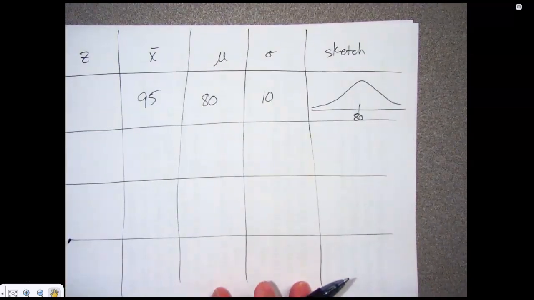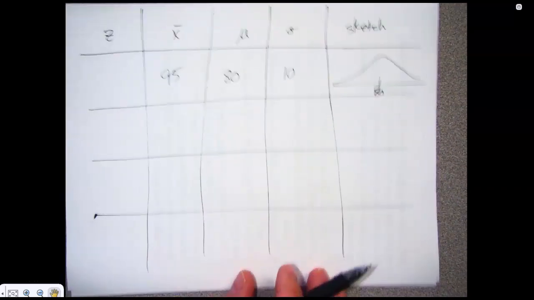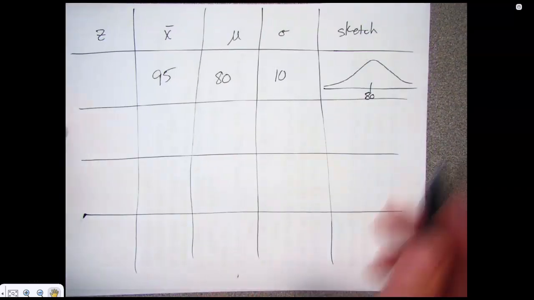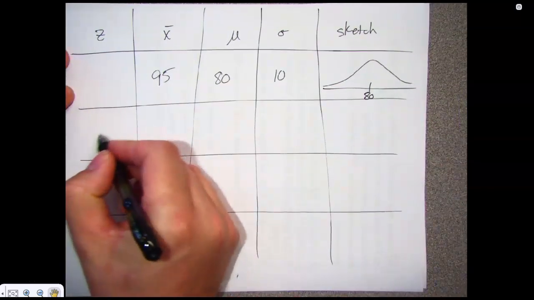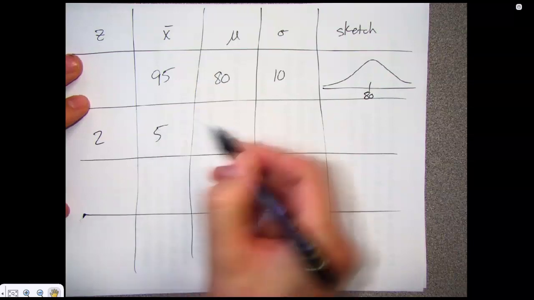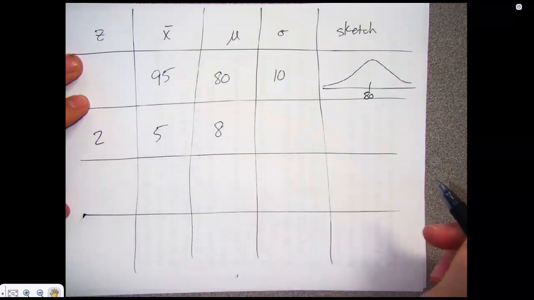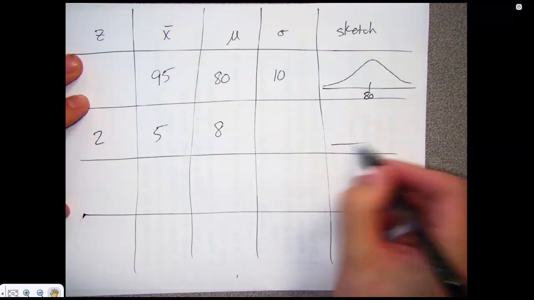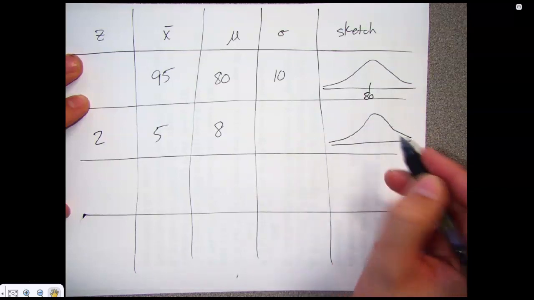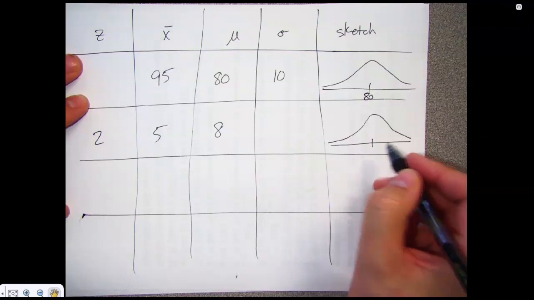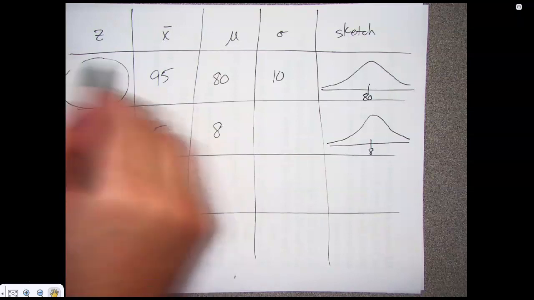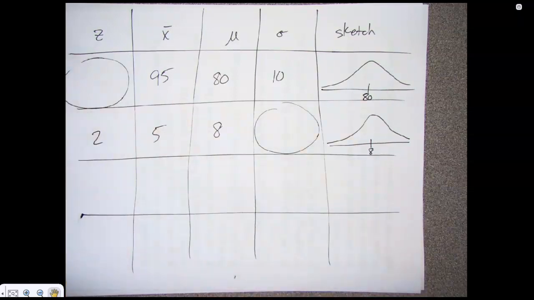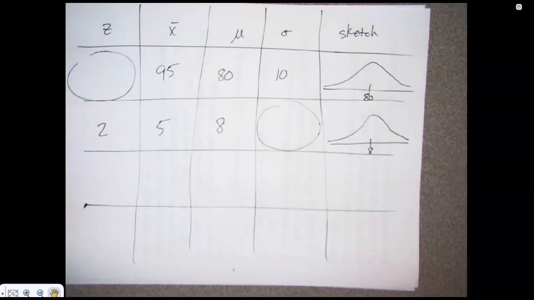Alright, I'm making up a little table for you. I want you to fill in the missing stuff here. Still a work in progress. The sketch is kind of optional. I don't care if you draw the sketch. I care that you find the missing box in each one of these. I think the sketch is helpful, but I'm not going to force you to use that.